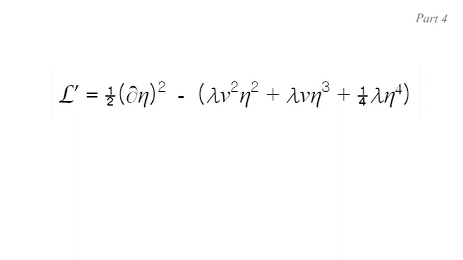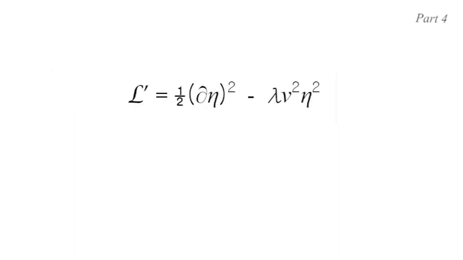We didn't ignore the quartic term at the start of this analysis because, in fact, it has contributed to changing the Lagrangian in a very important way. Anyway, this is what we're left with if we ignore the self-interaction terms.